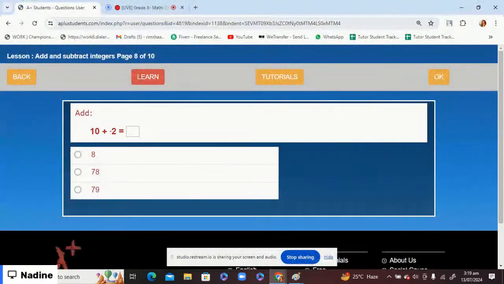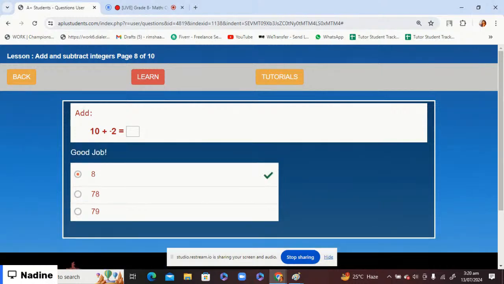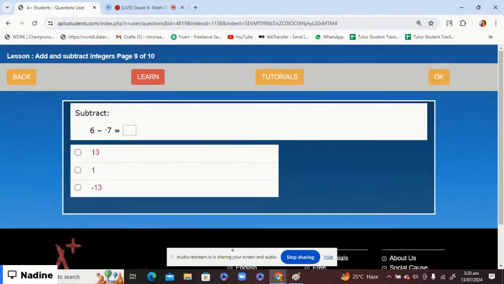And with the positive sign, because with the 10 there is a positive sign. So when we solve it, this becomes 8. So here we go with this option. Hope you guys understand this lesson. So solve the rest of the questions by yourself now.